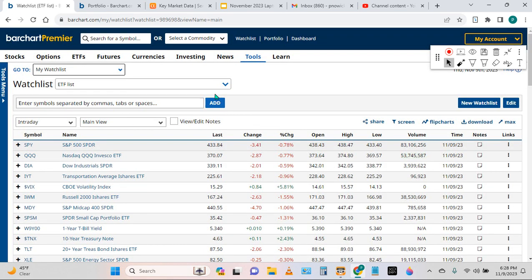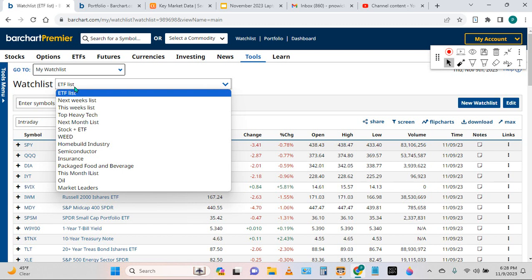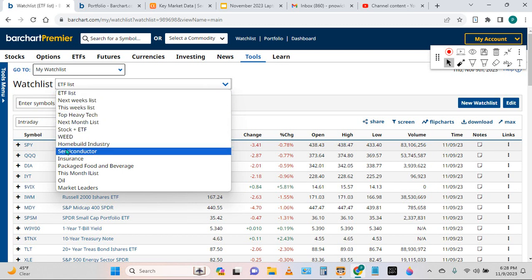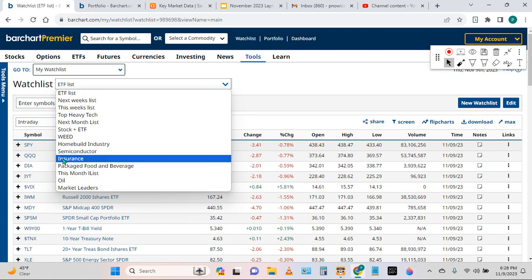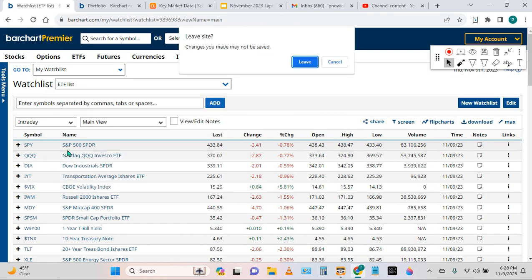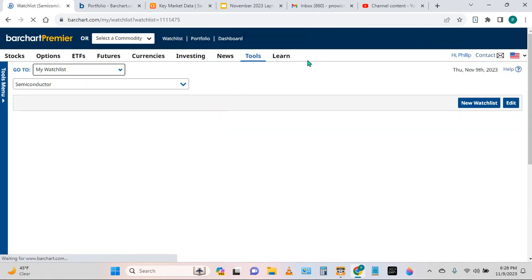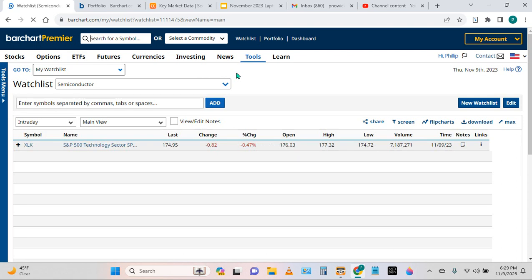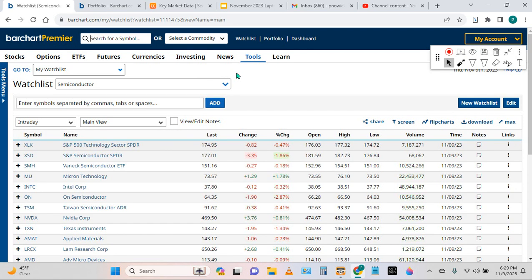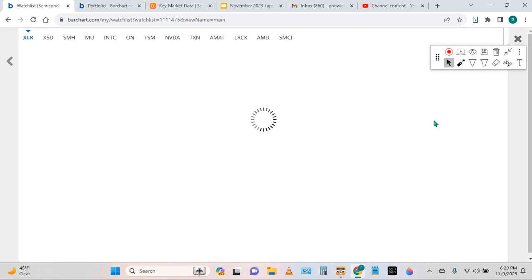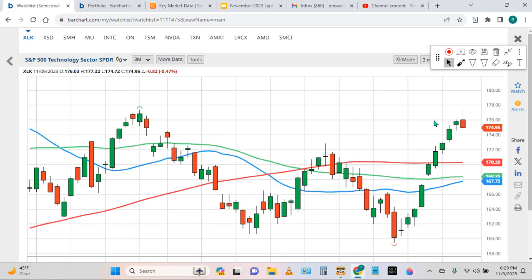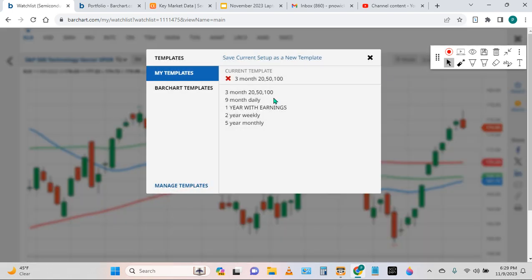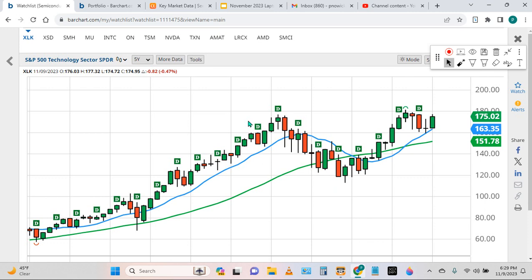So I'll show you another list I put together to just track prices. One would be semiconductors, right? And we can see that within a certain industry like tech, and then we go down from that technology sector into something like semiconductors, looking at a monthly chart, we can see where we're at with semiconductors.